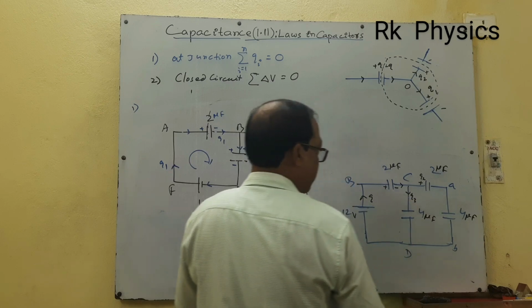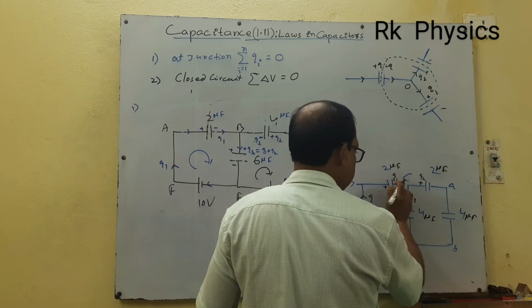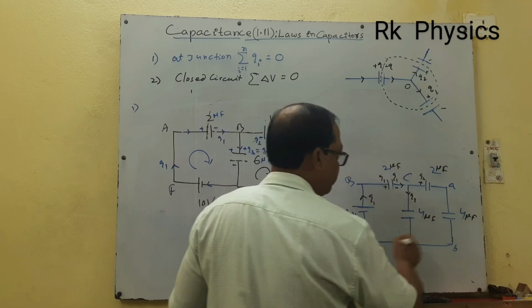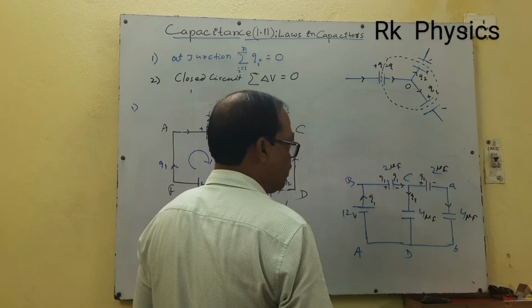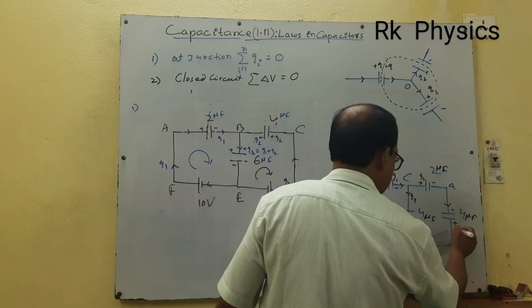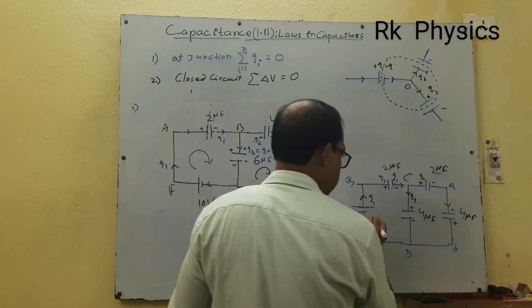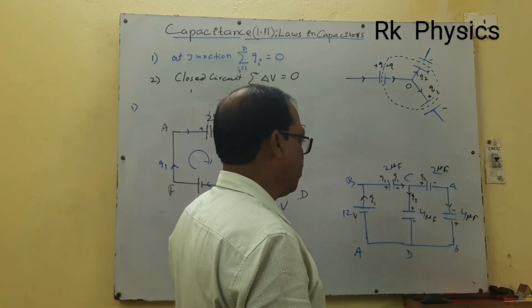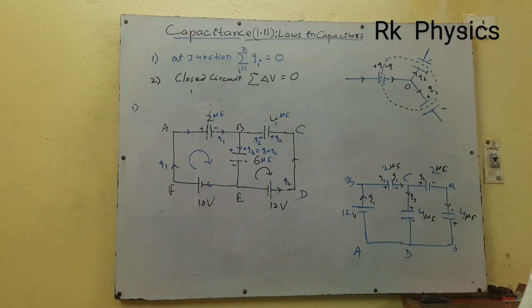That is, Q2 plus Q3 must be equal to Q1. So these are the charge flows across the junctions.